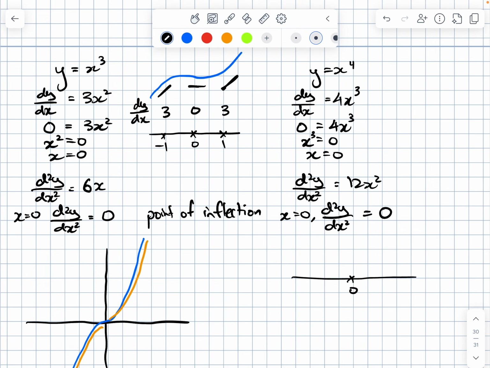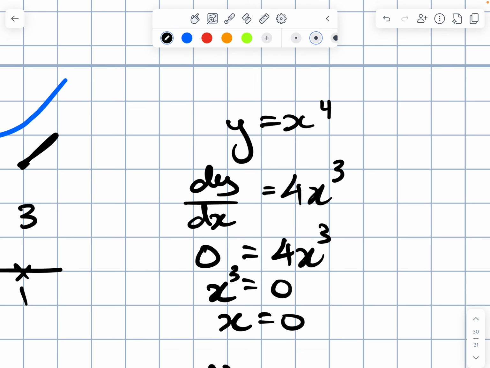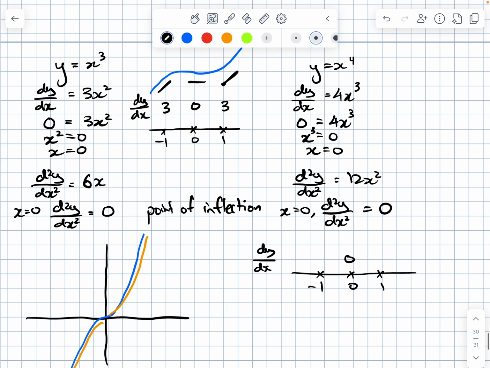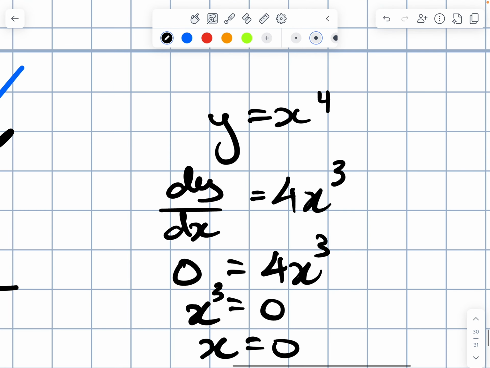We have 0, so two points, 1 and negative 1. For dy/dx, we have 0 here. When x equals 1, dy/dx equals 4 times 1 cubed, which is 4. So that is a positive gradient and the 0 gradient. When x equals negative 1, we have 4 times negative 1 cubed, which is negative 4.